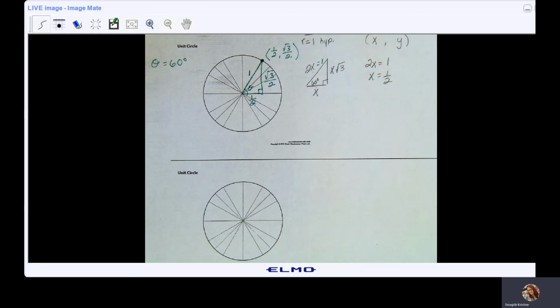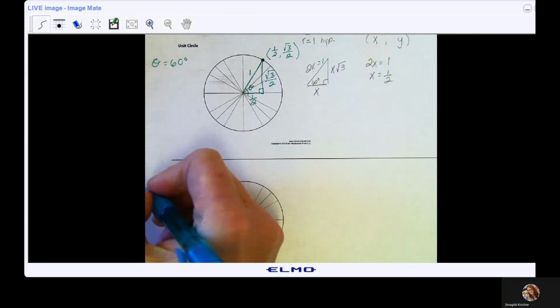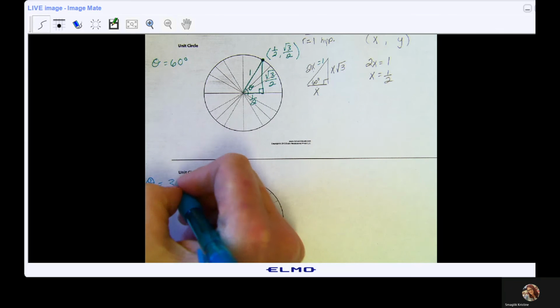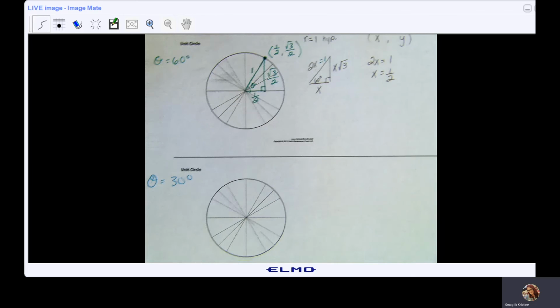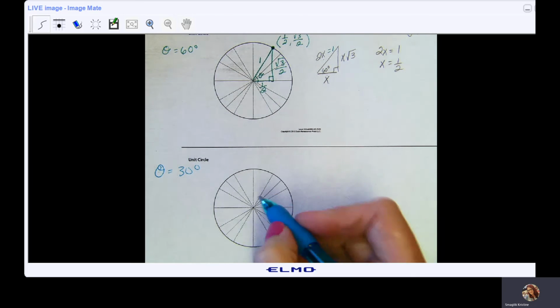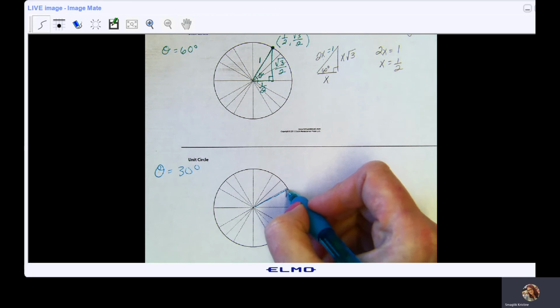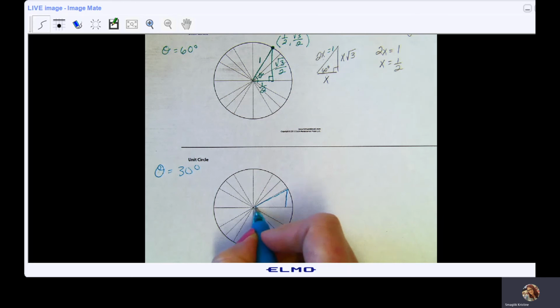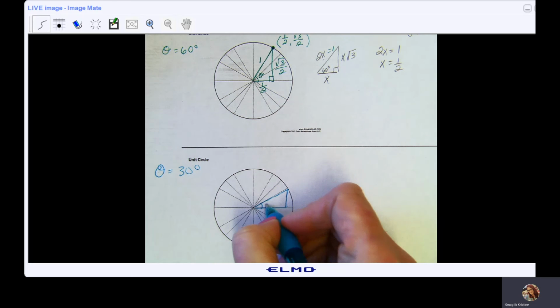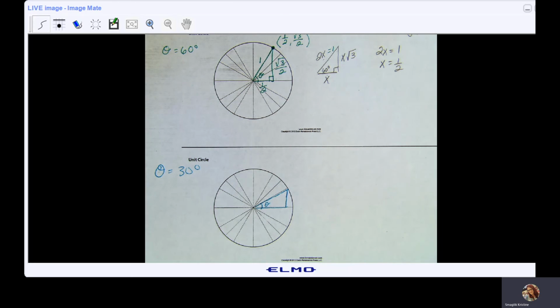And let's do 30 degrees. Okay, so now 30 degrees is right here. And again, I'm going to draw that line perpendicular to the x-axis. And here's my theta. Theta is 30 degrees.